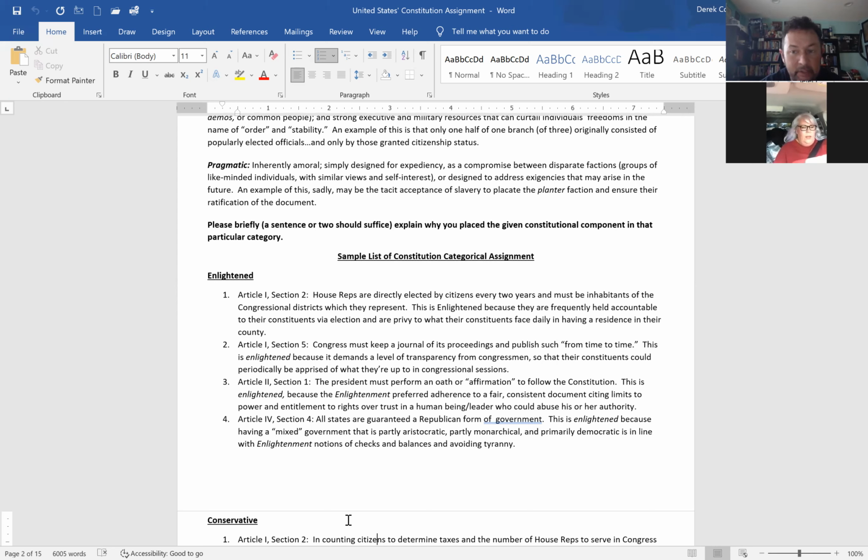Because there is subjectivity involved in this. Sometimes, especially with the categories of conservative and pragmatic, I have found in my experience that I've thought of something as conservative and a student thought of it as pragmatic, or vice versa. And then I like reading their explanation, and it helps me learn something where I think, okay, I've gained some perspective on that clause. I hadn't thought about it that way.